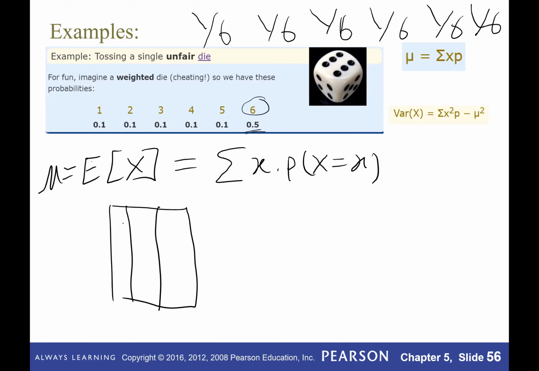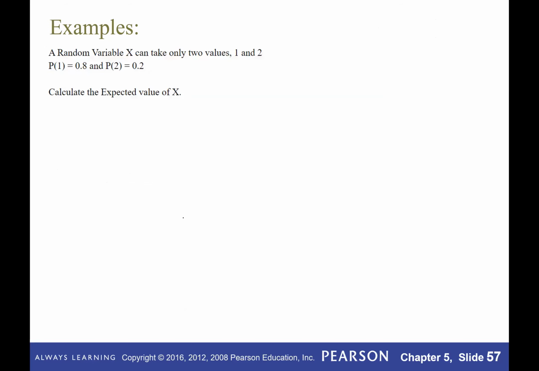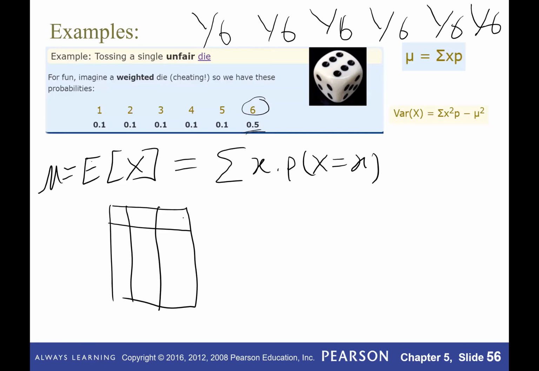You can construct a table, but you do not need to. So this is x, this is the probability of X equals x, and this is x times the probability. We have 1, 2, 3, 4, 5, 6, and here we have probabilities 0.1, 0.1, 0.1, 0.1, 0.1, and 0.5.